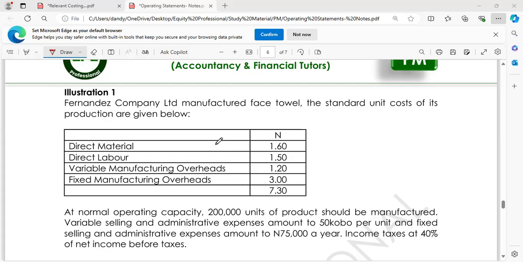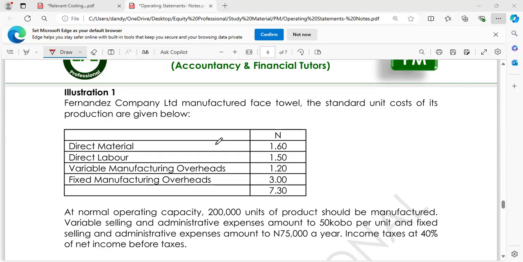Once the difference in profit and the difference in stock valuation are equal, you are guaranteed 15 or 20 marks in that question, no matter how big it is. I repeat, your starting point is the memorization of the format. Learn it, close the book, then write it down on your own so that you become master of that. So let's solve this question.